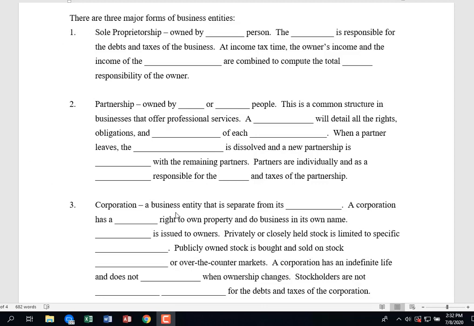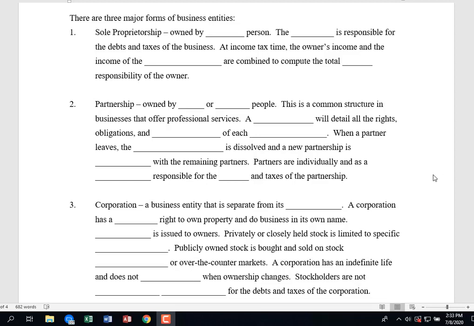Okay, a partnership. This is owned by two or more people. It's a common structure in business that offers professional services. So you often see lawyers' offices, they're formed by partnership, dentist offices, accounting firms. Sometimes they're set up as a partnership.